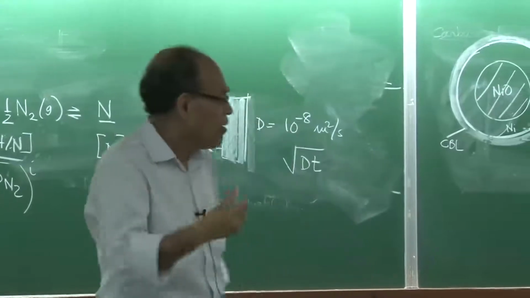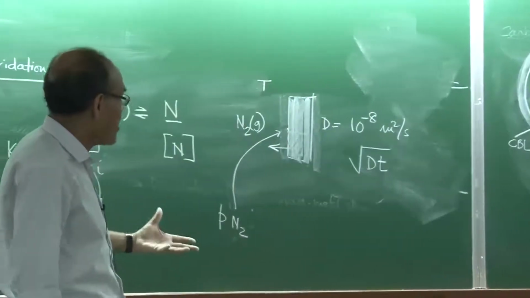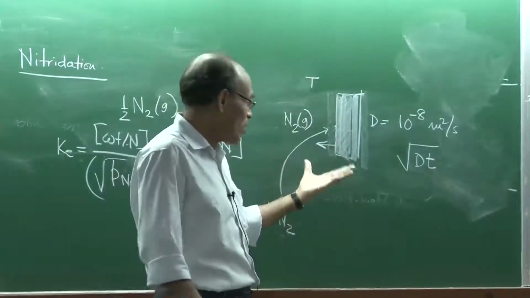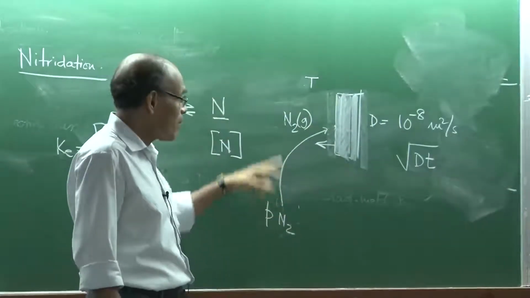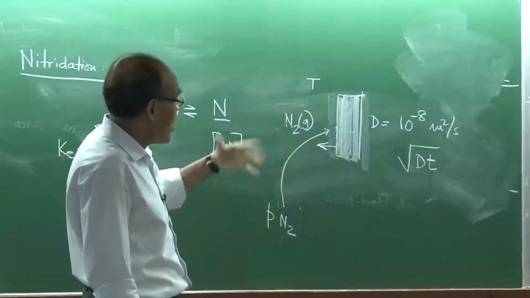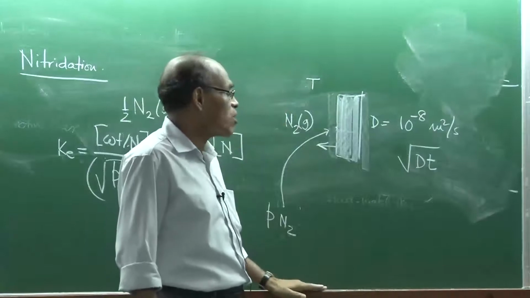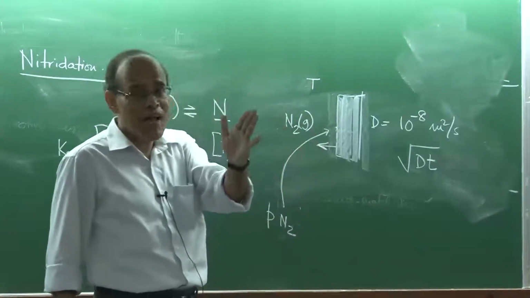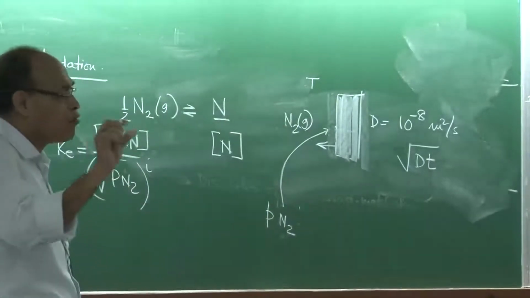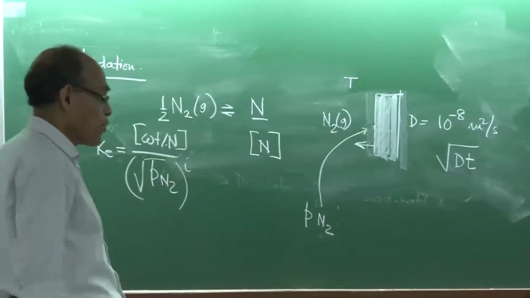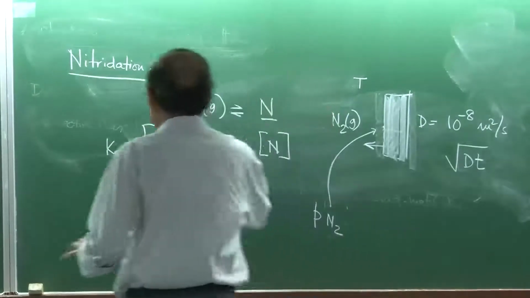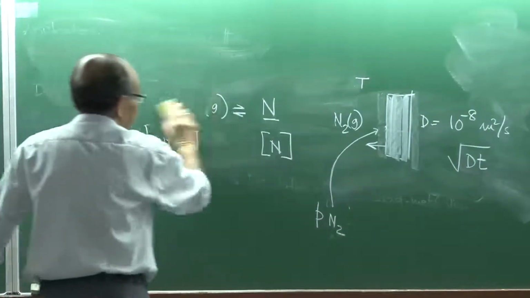These are already the design criteria, and then you have to control the process parameters in such a way that, in this particular case, you will control the partial pressure of the nitrogen, you will control the temperature of the furnace, and then you will carry out the nitridation process for a given or stipulated time, such that we can have the correct amount of nitride layer at the surface, which will protect the surface from abrasive degradation.